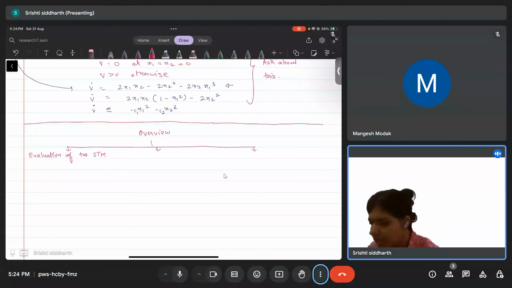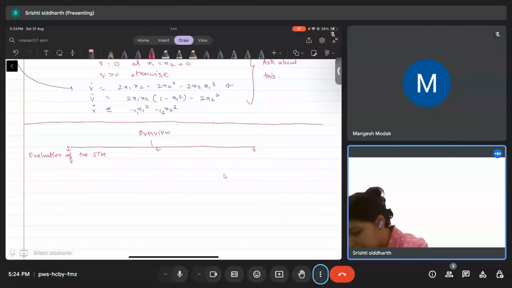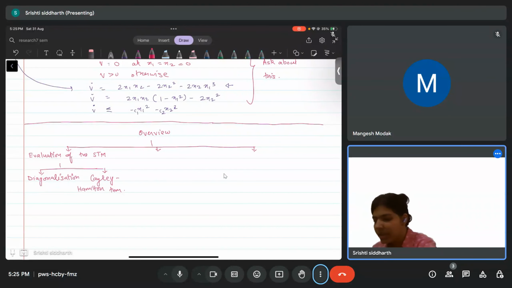We have already seen a method which contains Laplace inverse of sI minus A inverse. Other methods are finding out state transition matrix using diagonalization, and the other one is using the Cayley-Hamilton theorem.